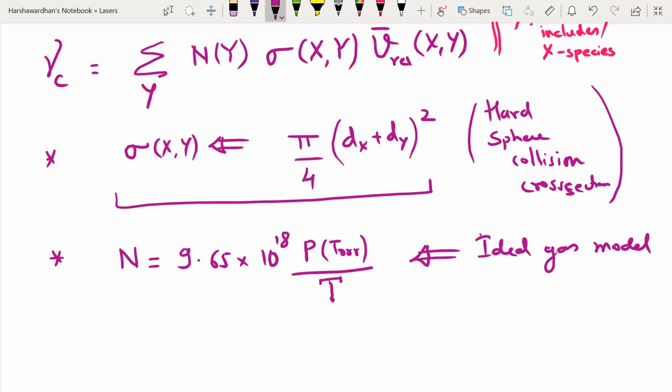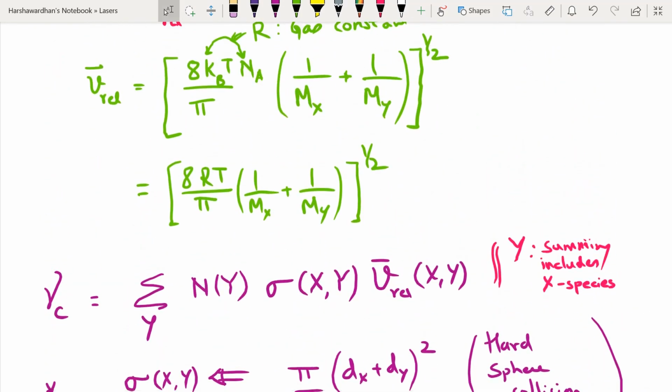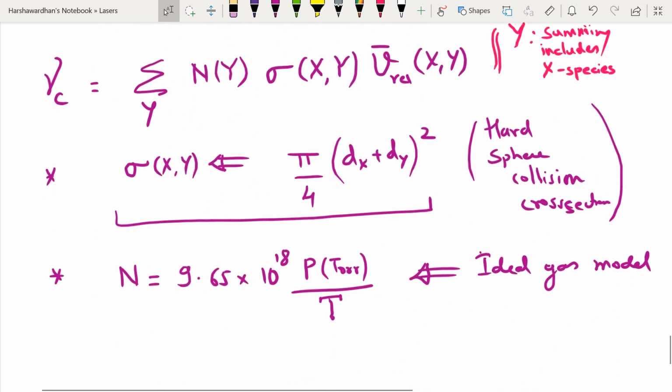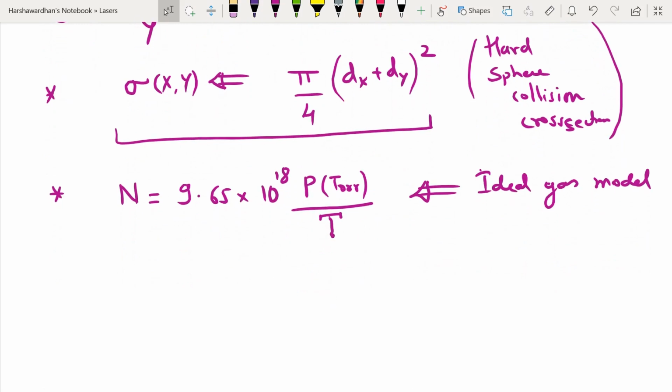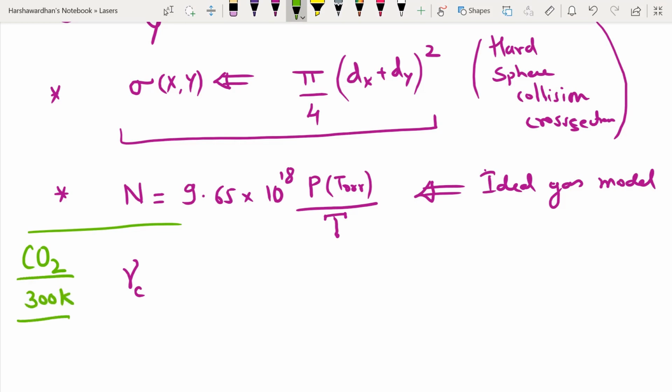Then V relative can also be appropriately obtained by looking at the molecular weights of the corresponding species. And one can obtain, for example, the collision cross sections. So putting all these numbers together, one can actually estimate gamma C. This is for a specific example of a carbon dioxide molecule at 300 Kelvin, at 1 atmosphere, which is 760 torr.